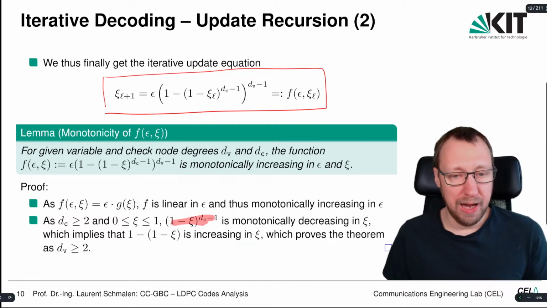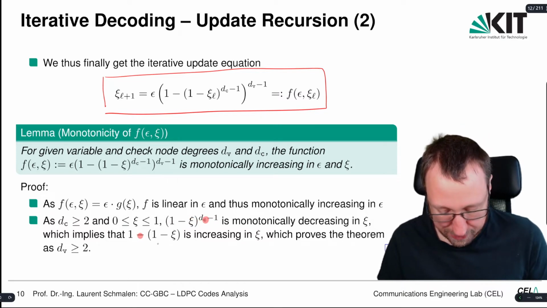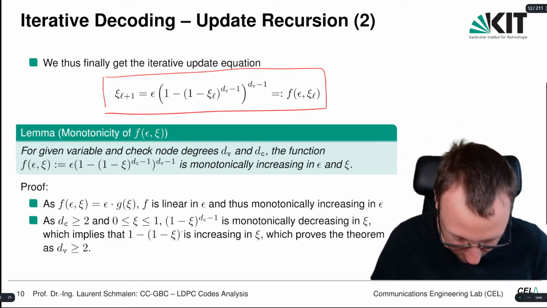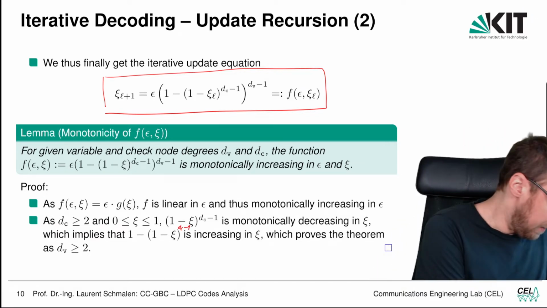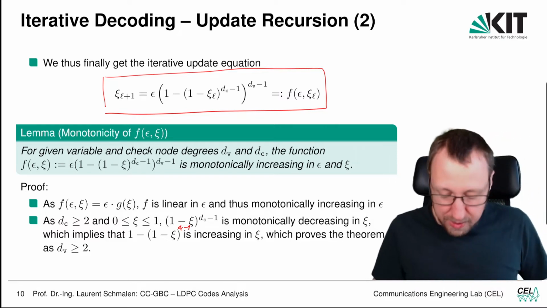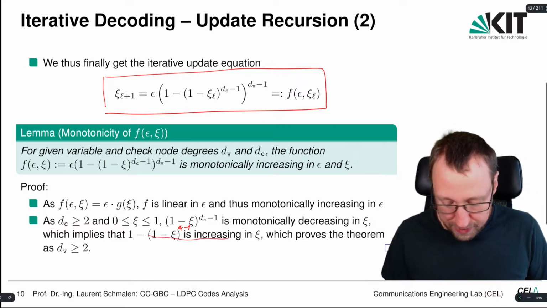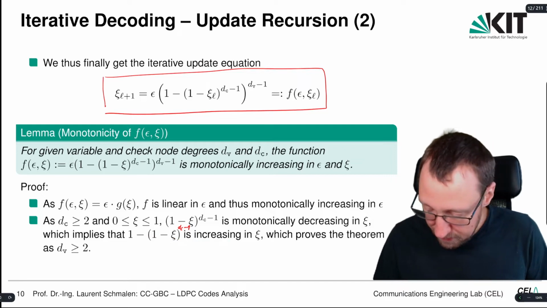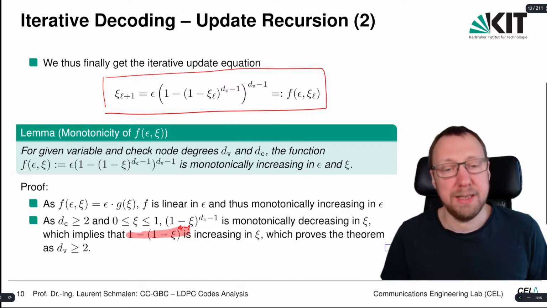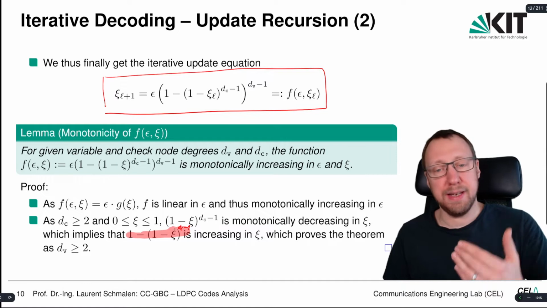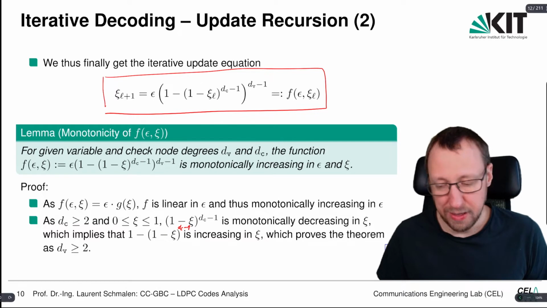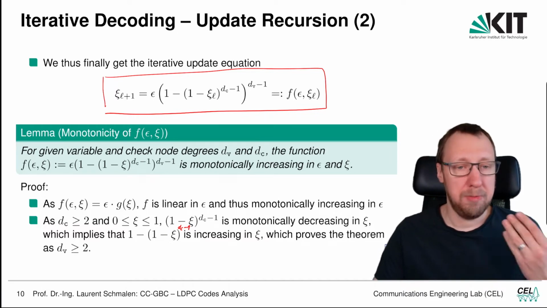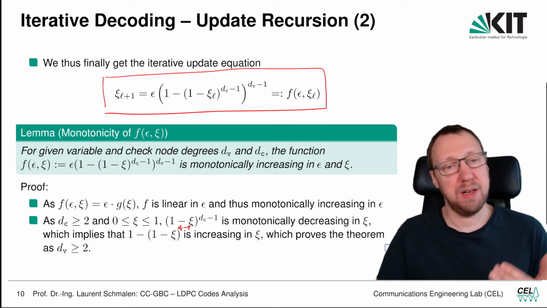But then what we calculate is 1 minus that term, so that will actually be increasing in xi. So we have an expression 1 minus (1 minus xi) power dc minus 1 that is increasing in xi. So we have the monotonicity. Okay, so that is very nice. So it's monotonic with respect to epsilon and xi.